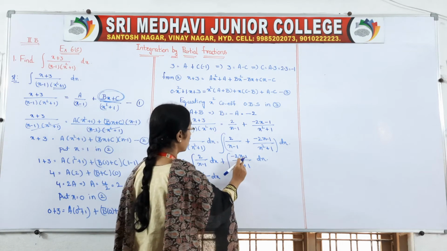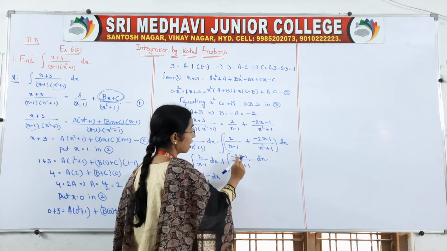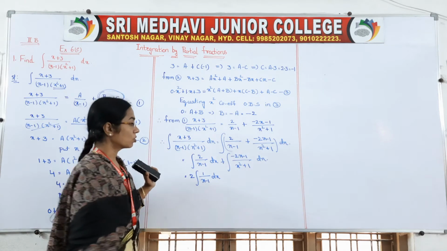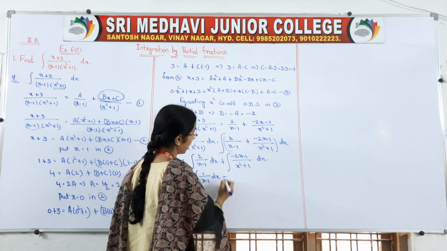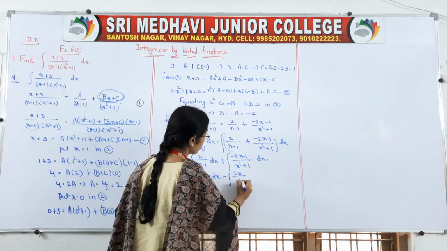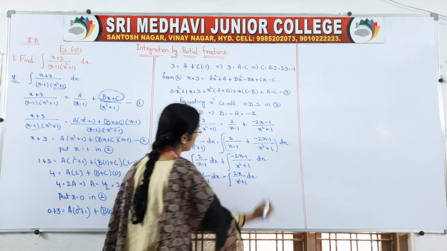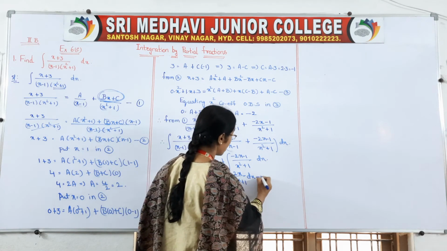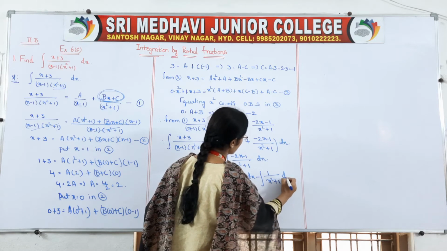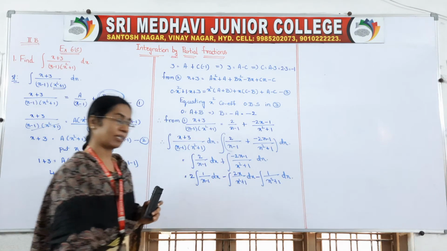Next, we can write this one separately too. We can take the minus sign outside: 2x by (x square plus 1) into dx. Similarly, minus outside, 1 by (x square plus 1) into dx.